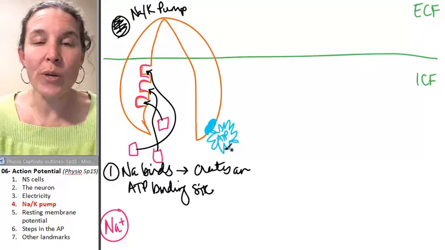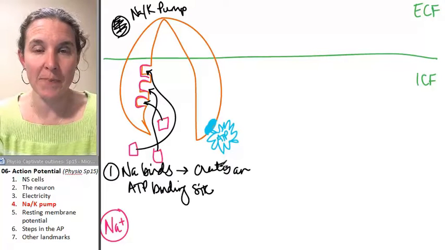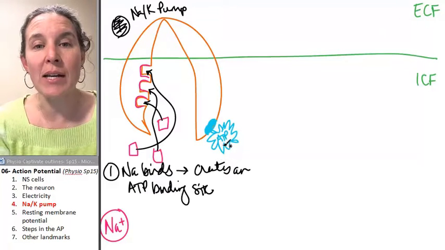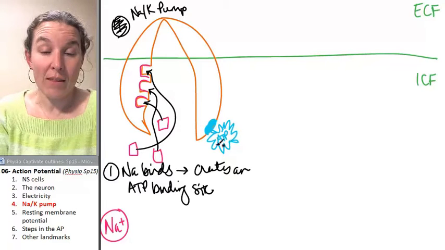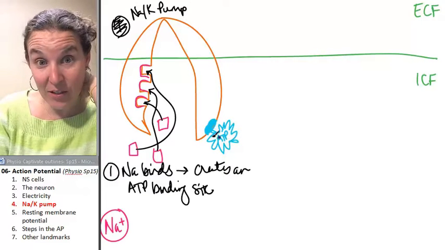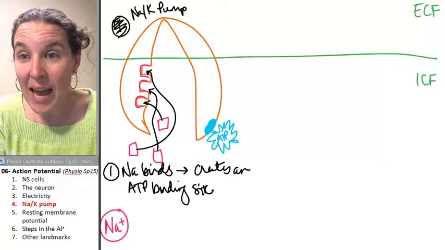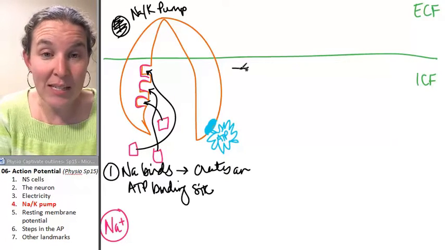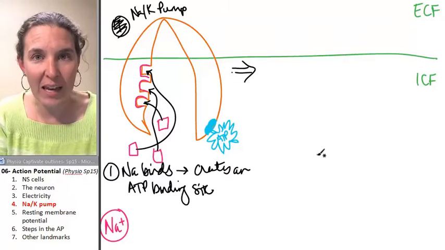If there weren't 3 sodiums in the sodium-potassium pump, that site wouldn't even exist. So now ATP binds. The ATP is going to leave a little phosphate right there, but ultimately, the act of binding with the ATP changes the shape of the whole thing.